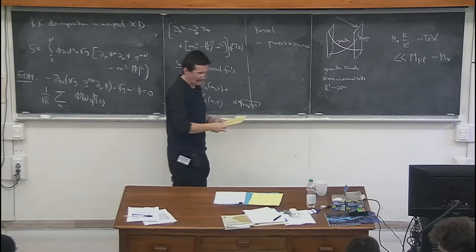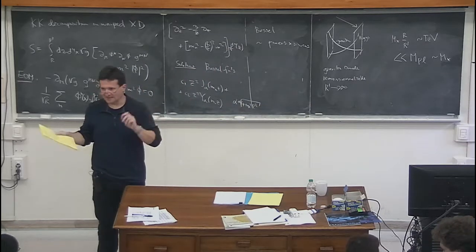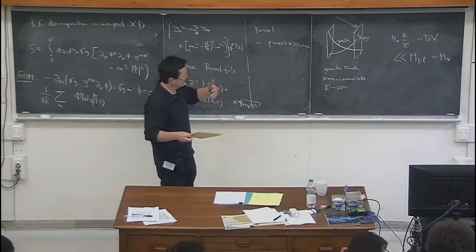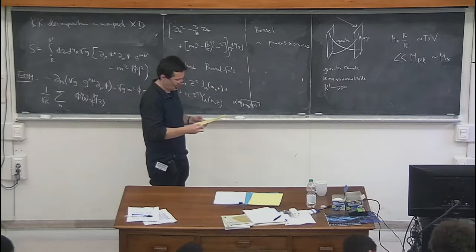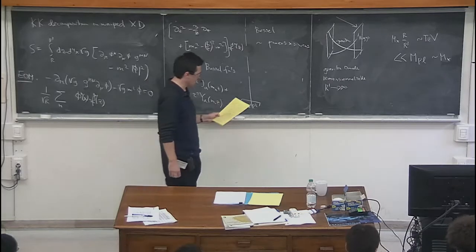So you can call them the warped sines and cosines. These are the analogs of the sine and cosine that is appropriate for the KK expansion in the warped space.